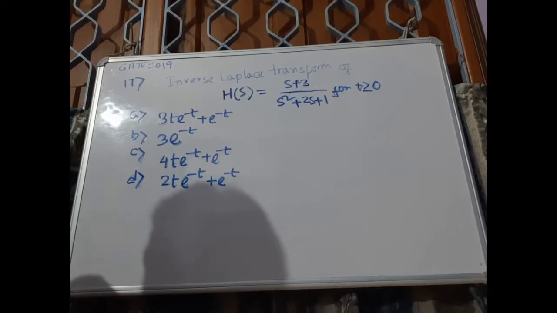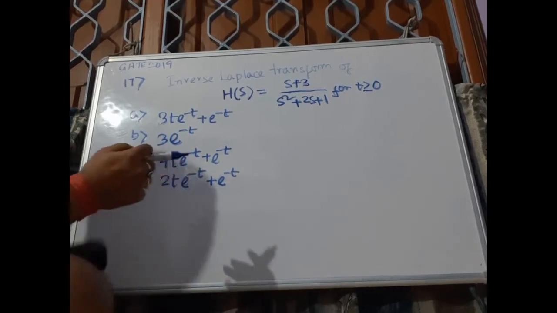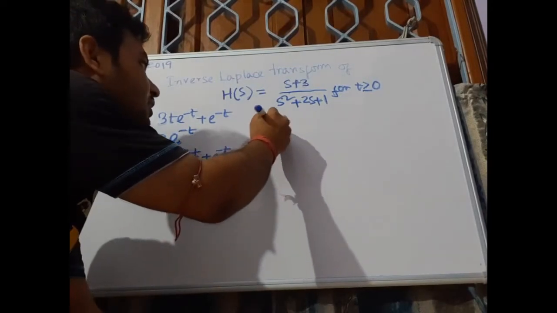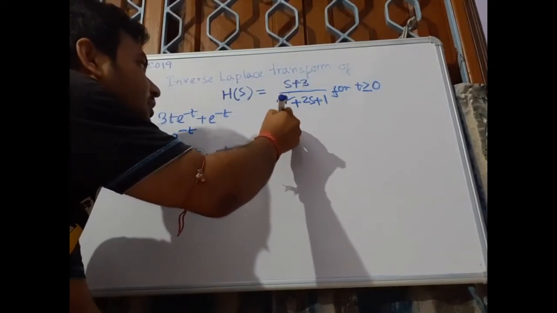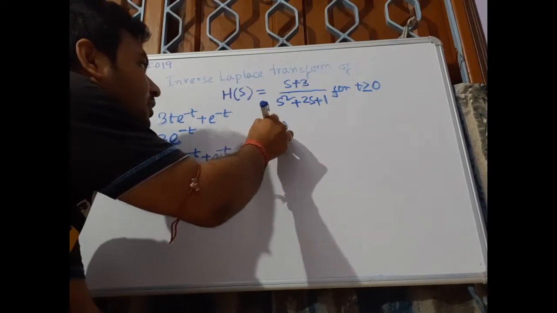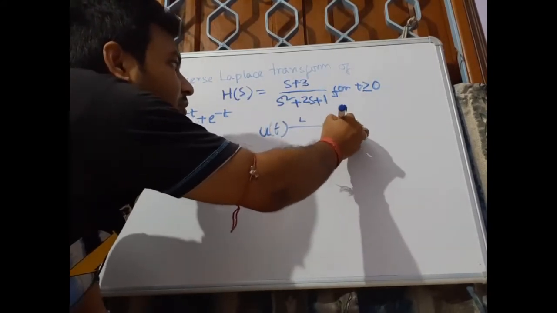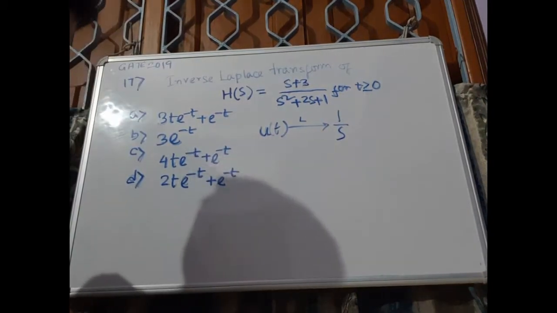Okay, before going to the problem, we need to recapitulate a few formulas of this Laplace transform. If this is a unit function, we have a Laplace transform 1 by s, right?